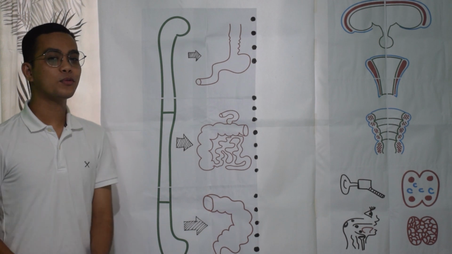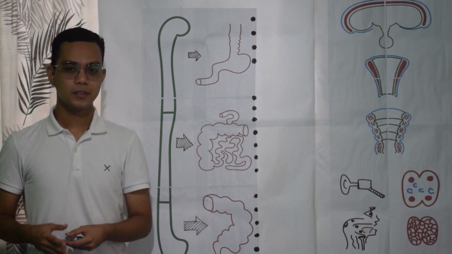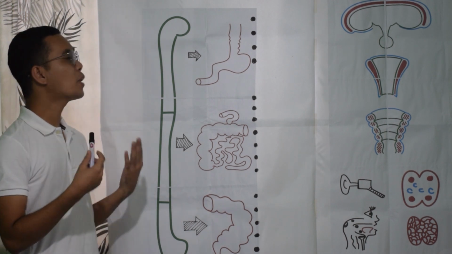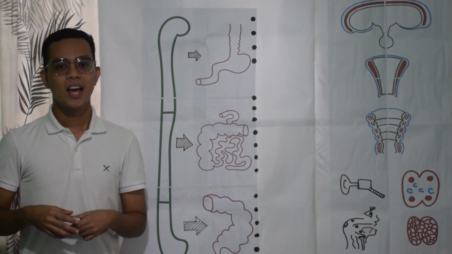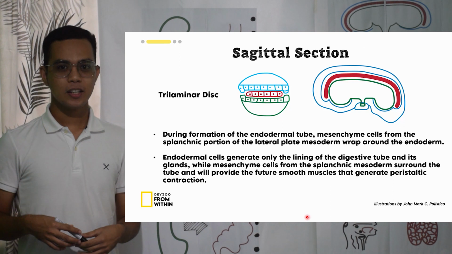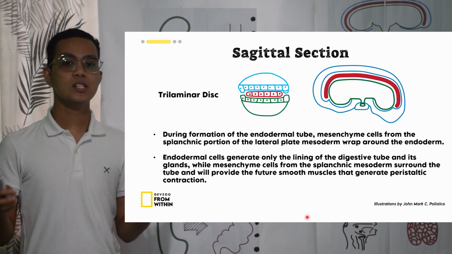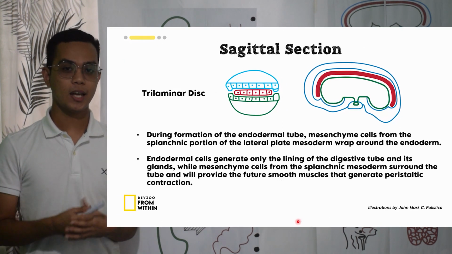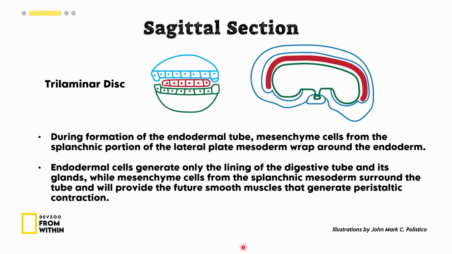On weeks 3 to 4 of embryonic development, the embryo, or the trilaminar disc, has established the body plan and undergoes transverse and lateral folding. This structure is the developing embryo in a sagittal section, because a sagittal section is ideal for viewing your endoderm.